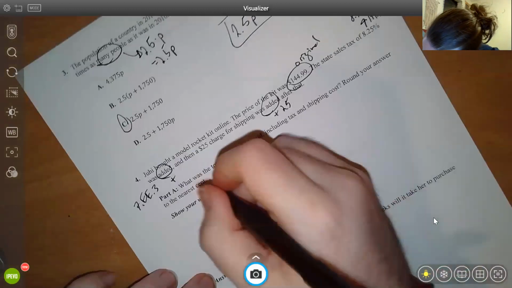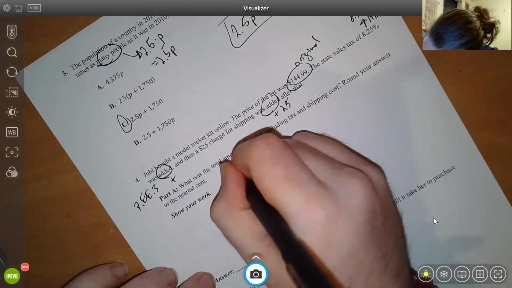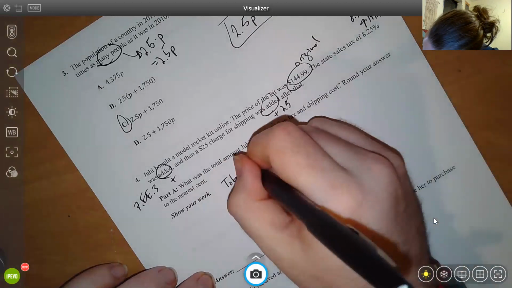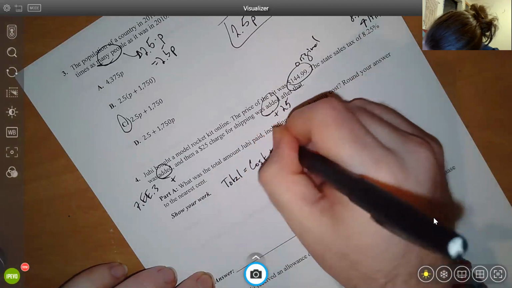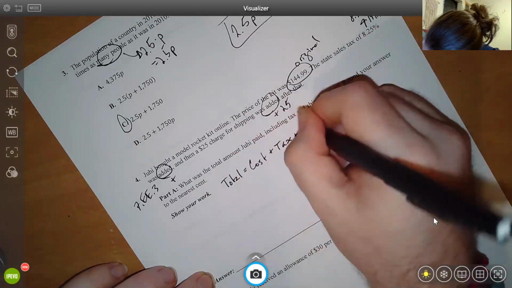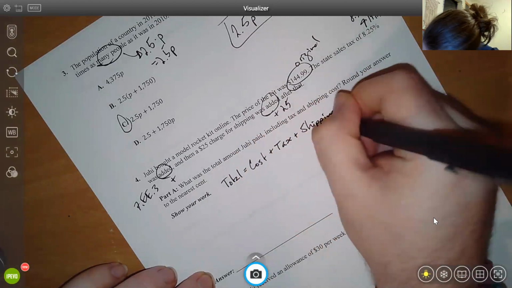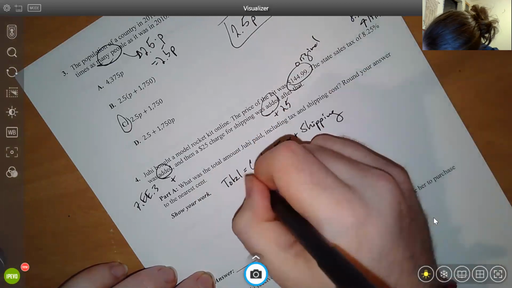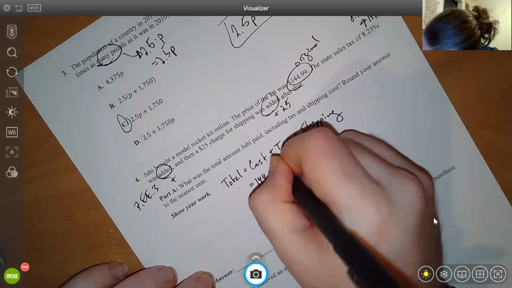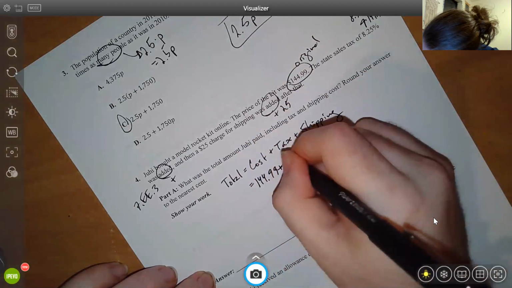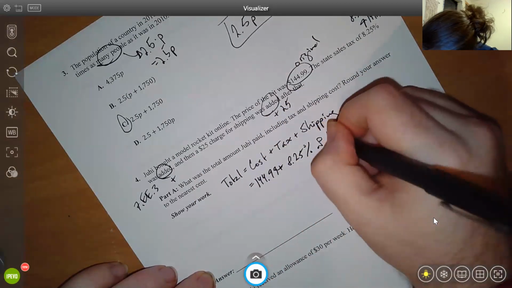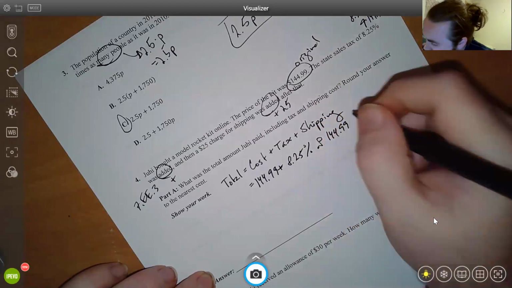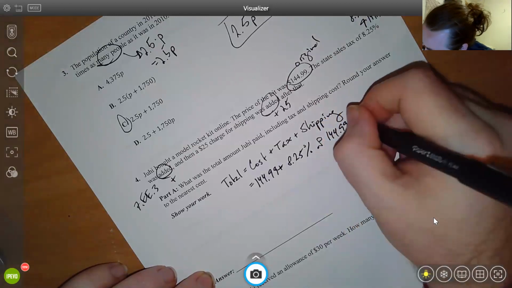All right, so my total, let's have the word equation to make it easy, was the cost plus the tax plus the shipping. In this case, the cost was $144.99. The tax was 8.25% of $144.99. And the shipping was just 25.